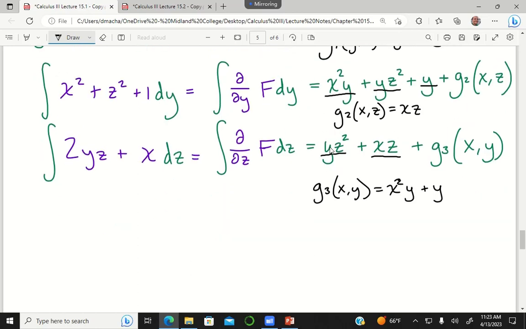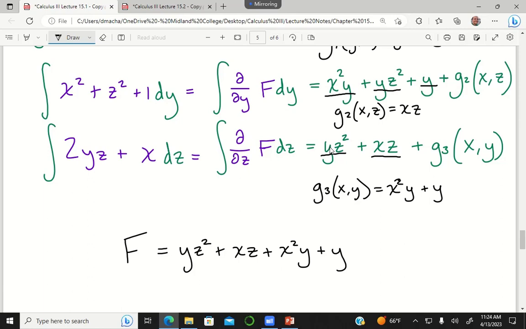So at the end of this, I can write my potential field is equal to, let's just look at the last one, yz squared plus xz plus x squared y plus y.